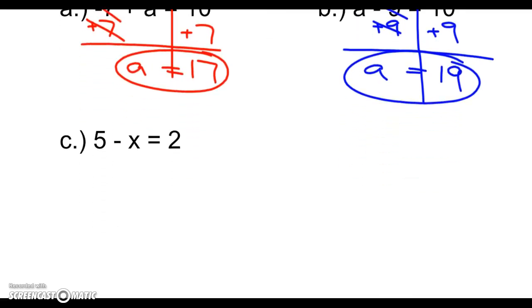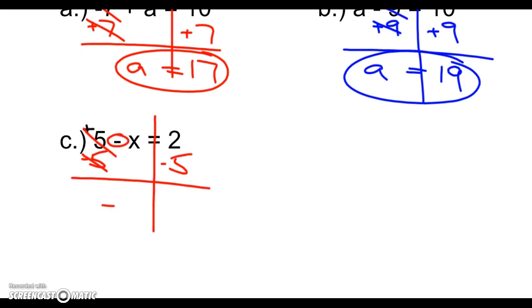We've got 5 minus x. Now, most people would want to say, well, I want to add 5 to both sides because they see the minus sign. But that's not the case, because what is 5? 5 is positive. I could rewrite this as negative x minus 5 is 0.